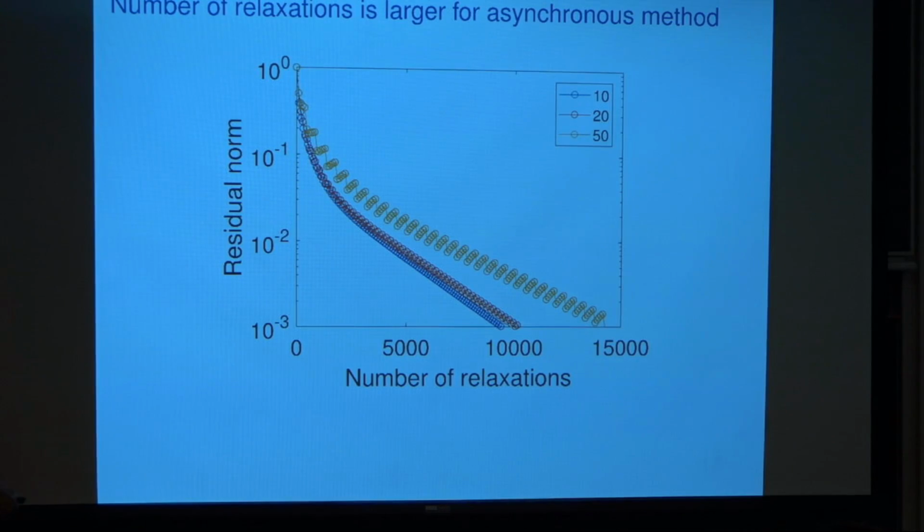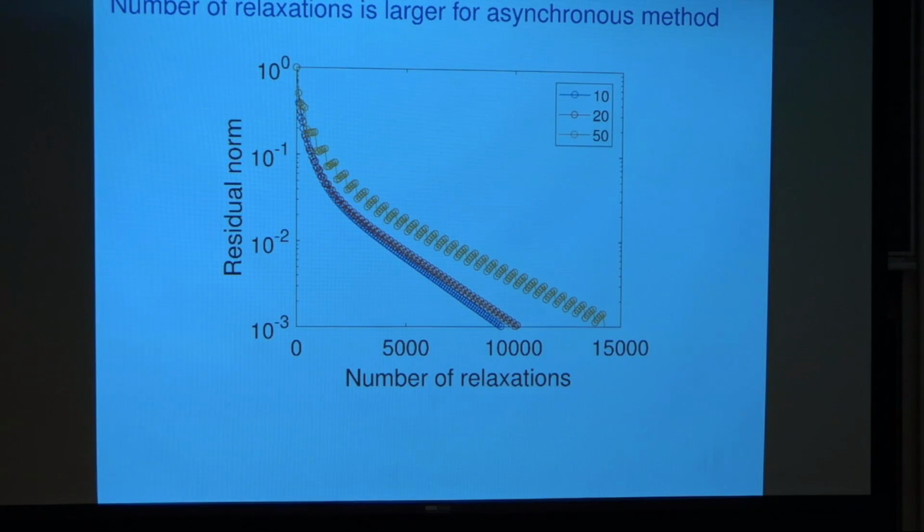Okay? And then for the case s is equal to 50, one processor takes 5 times longer than the others. You can see that it's not 5 times slower, but at least significantly slower. So from this point of view, when we have some delays, even if we're using an asynchronous method, the method will be slower than if there are no delays.